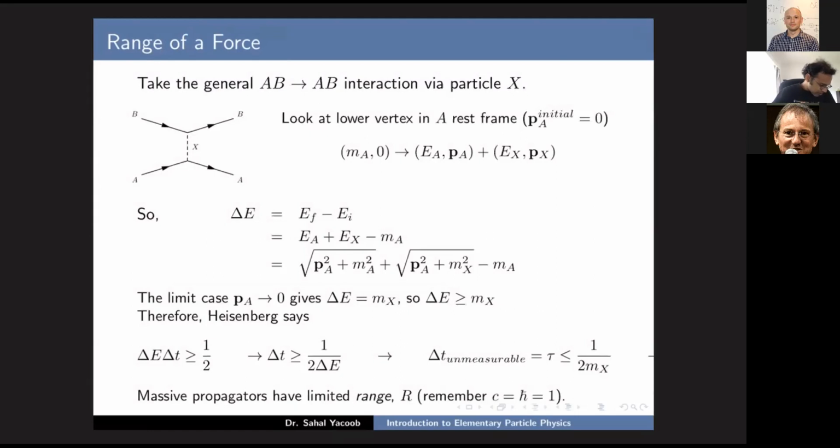So now we're going to look at the range of a force mediated by a massive particle. Here we have some undefined interaction. We have particles A and B coming in.